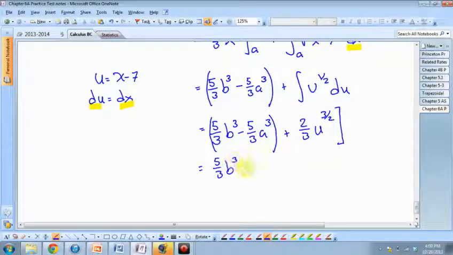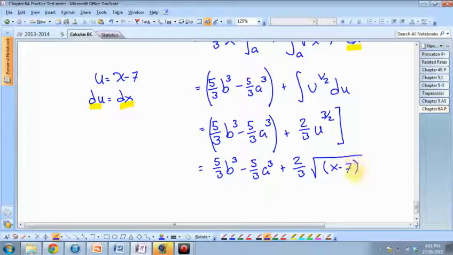So 5/3 b cubed minus 5/3 a cubed plus 2/3 of the square root of x minus 7 cubed from a to b.